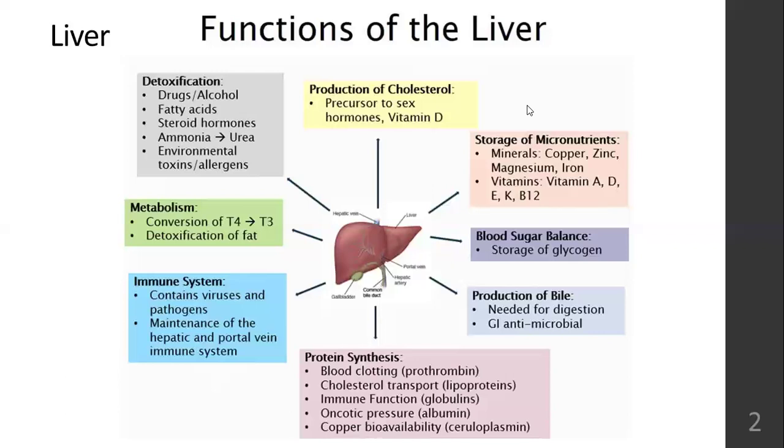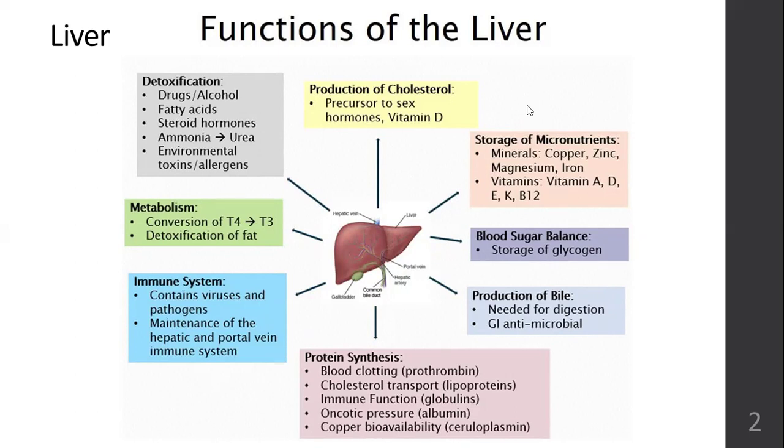To maintain the hepatic and portal vein immune system: the hepatic vein and portal vein are very large veins that pass vertically through the liver. Through the portal vein, whatever blood gets into the liver passes through and gets detoxified. So it maintains the immune system around the portal vein to purify the blood of toxins.